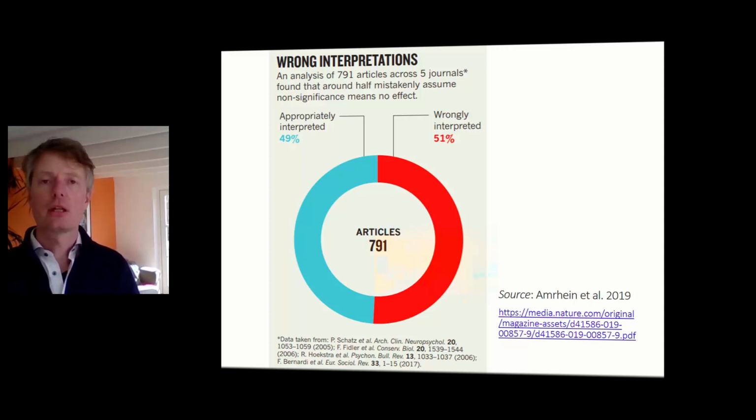There's a nice graph here from an article by Amrein et al. that was published in Nature, showing that in about half of all cases, the authors of a study that do not find evidence of an effect say that there is no effect. So I hope you remember this by the time you write up the conclusions of your master thesis, that if your p-value is higher than 0.05, you do not find evidence of an effect.